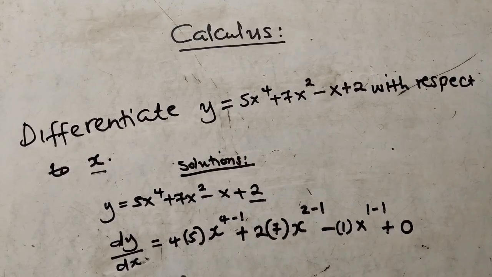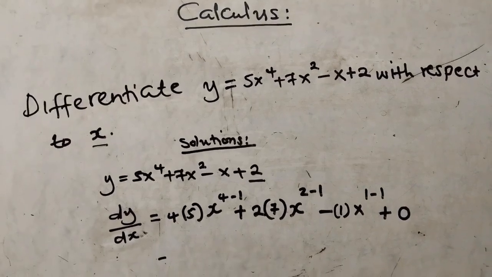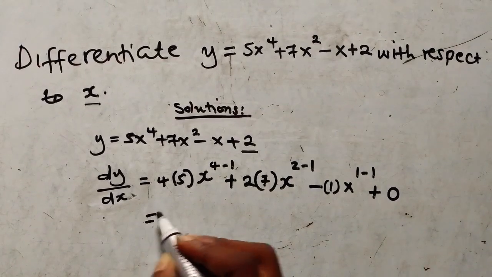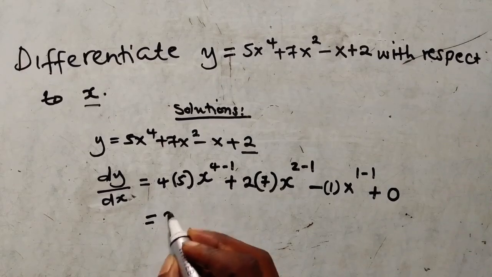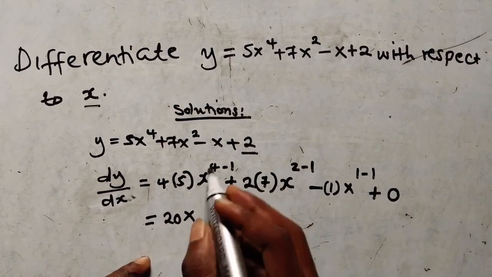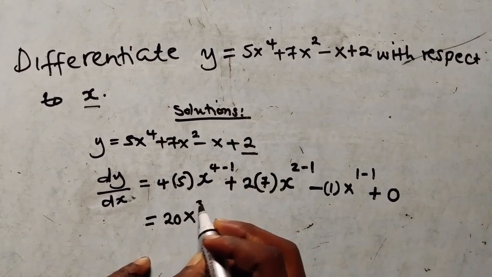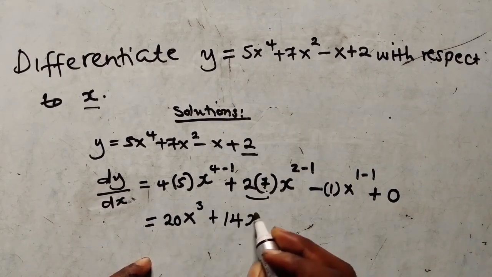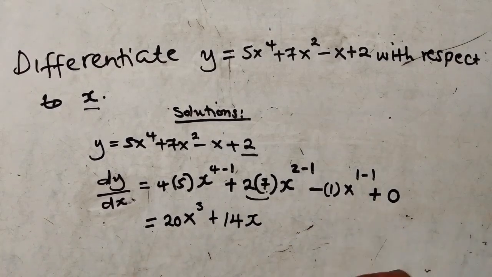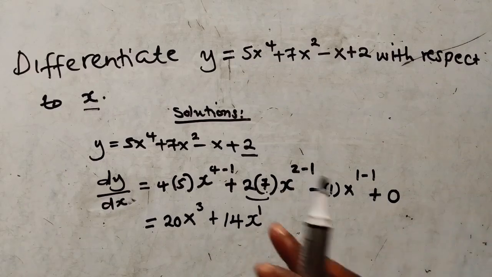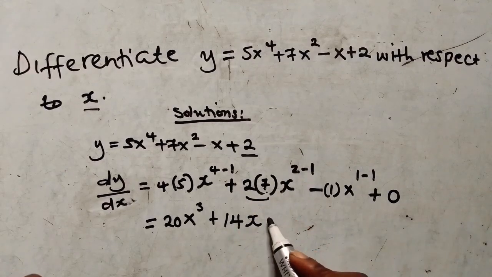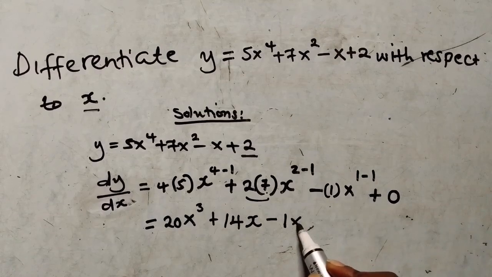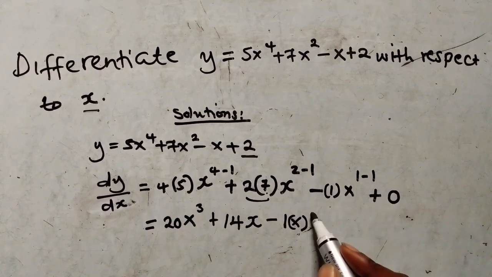So next step, we're going to have 4 times 5, which is going to give us 20, x to the power 4 minus 1, which is 3, plus 14x, then when we say 2 minus 1, we get 1. We can write 1 or just leave it like that. Then here we are going to have 1, then x, then 1 minus 1 is 0.